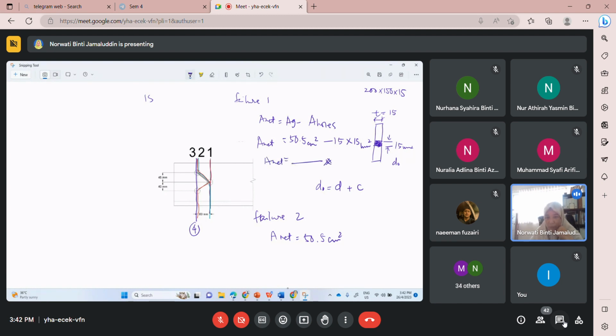You solve this equation. So failure line number 2 is diagonal.